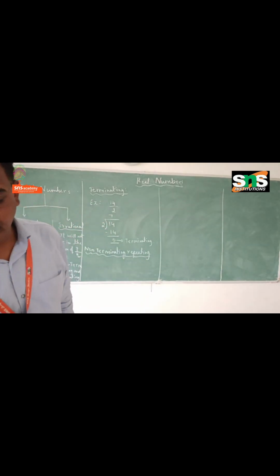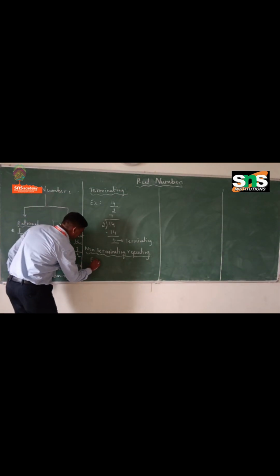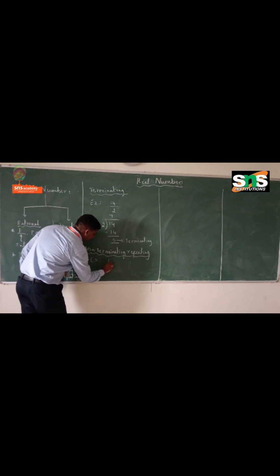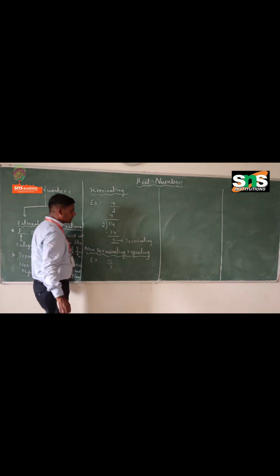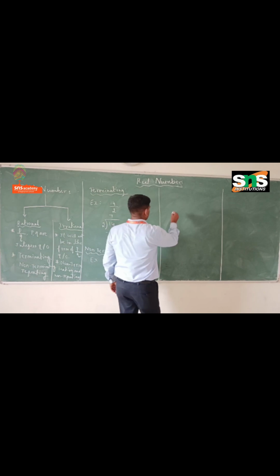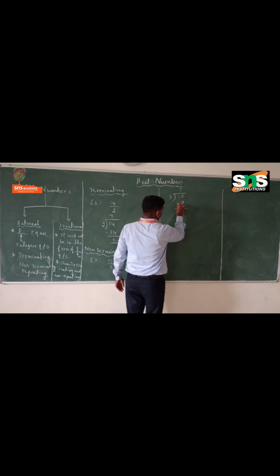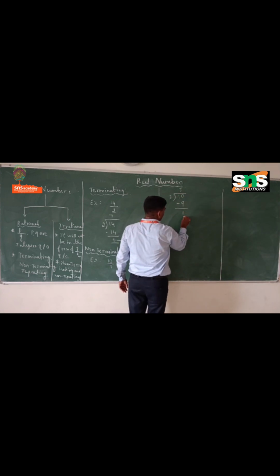If you are taking a sum like, for example, 10 divided by 3, when you divide this, 3 threes are 9, again we will be getting 1 as a remainder. So we'll put 0 and a decimal point.